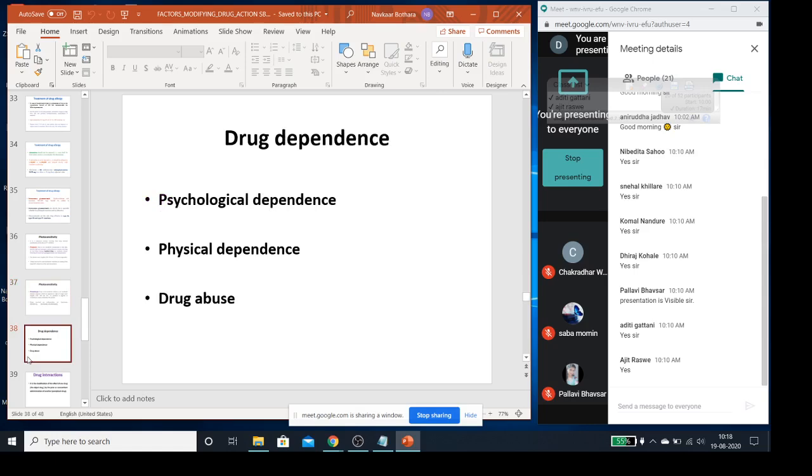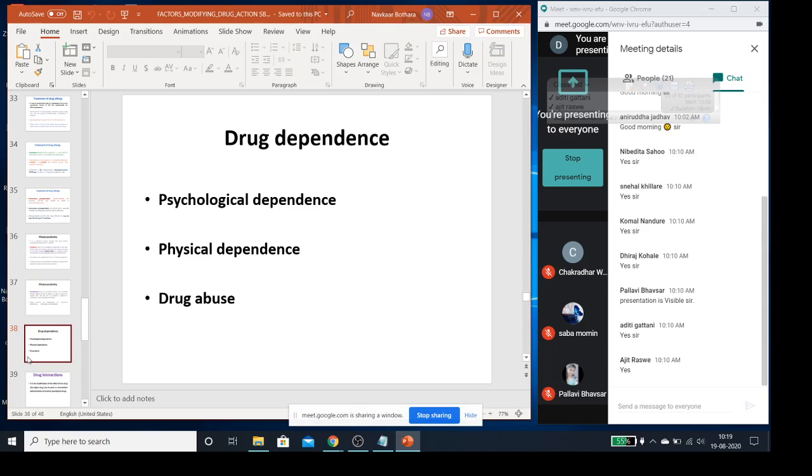Then the next category of problem is called drug dependence. There are three kinds of drug dependence: psychological dependence, physical dependence, and drug abuse. This we have seen as the E type, or last type, of adverse effect, that is when the drug is withdrawn. What happens in it?